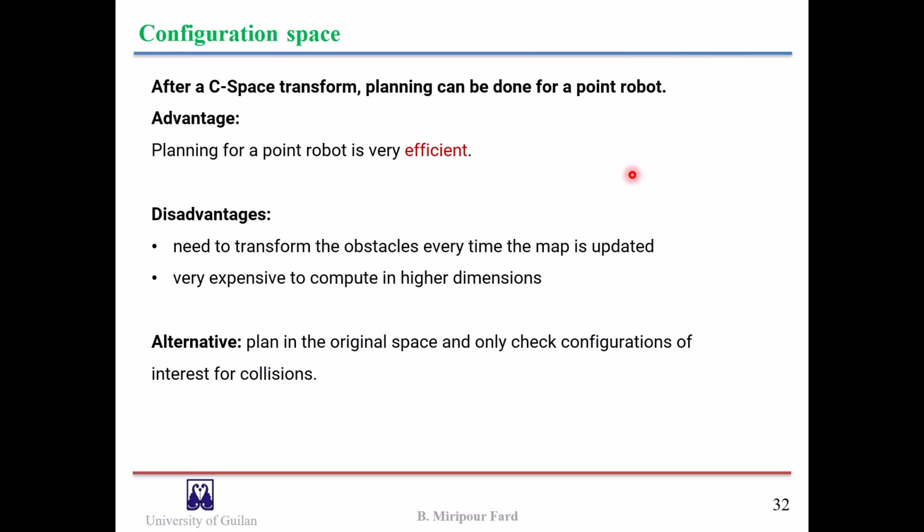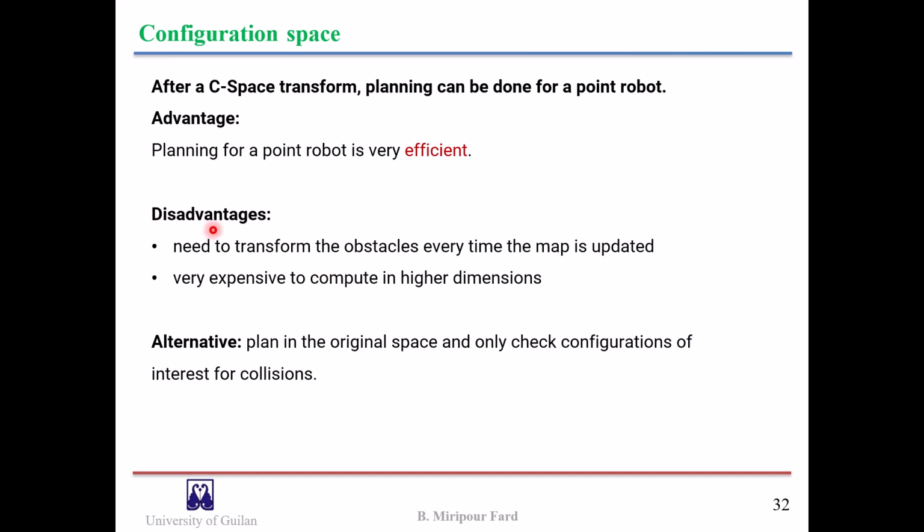Here are some advantages and disadvantages of planning for a point robot. The advantage is that planning for a point robot is very efficient, and the disadvantages are that this approach needs to transform the obstacles every time the map is updated, and it is very expensive to compute in higher dimensions.